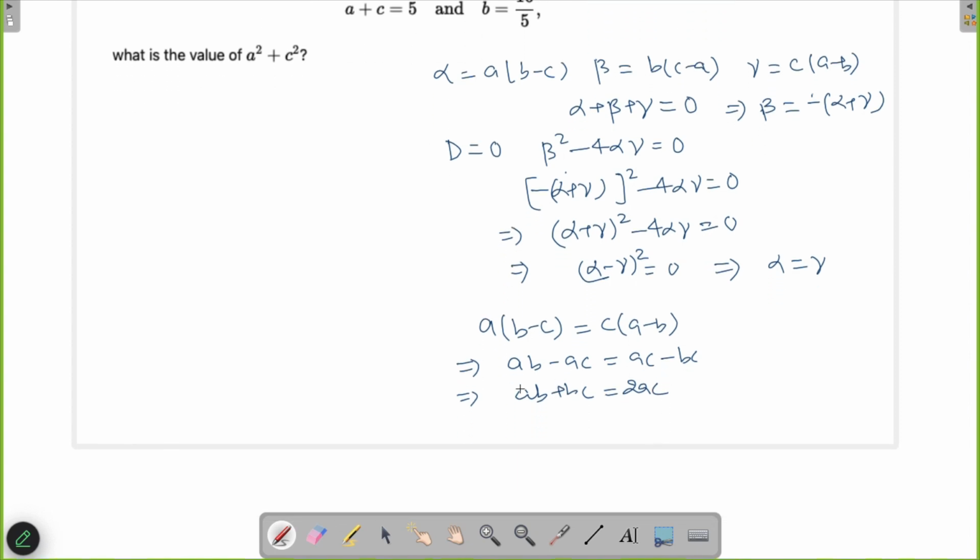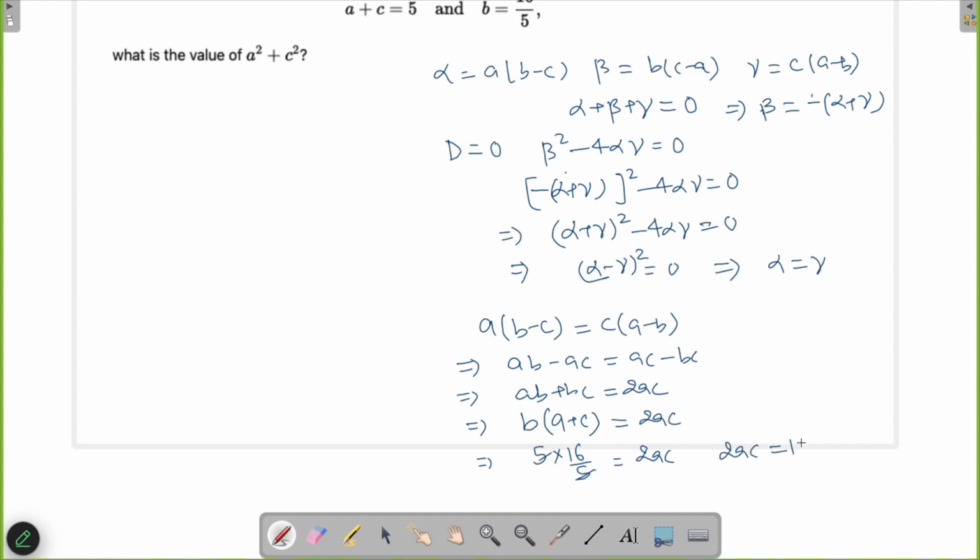We can take b common, and this becomes b times (a plus c), which is equal to 2ac. We have been given the values of b and a plus c, so we put 5 into 16 by 5, and I get 2ac. So my 2ac is 16.